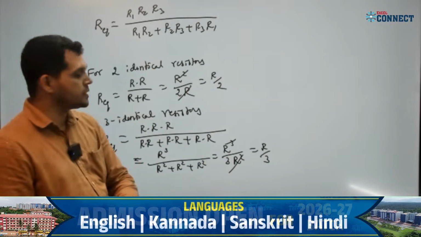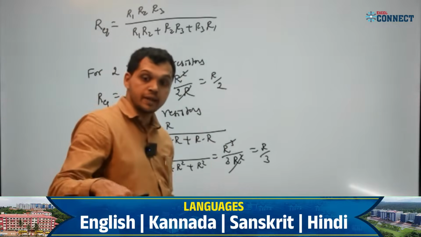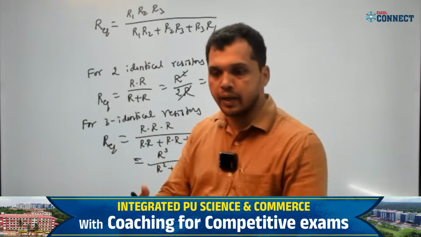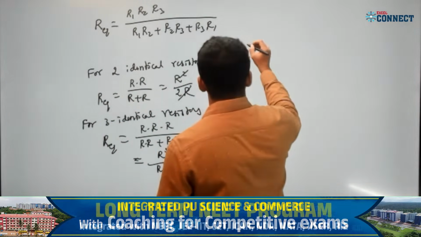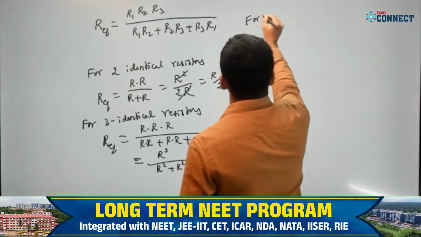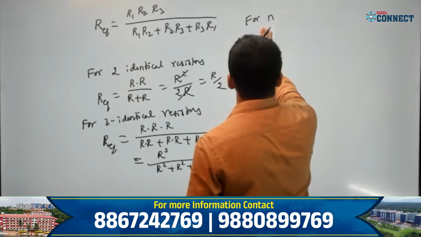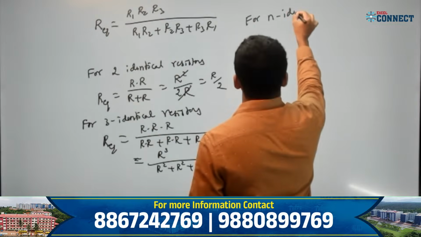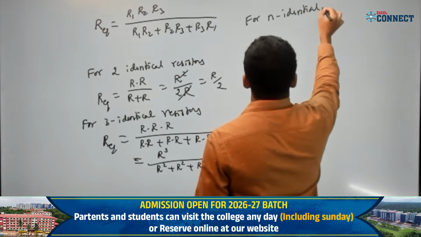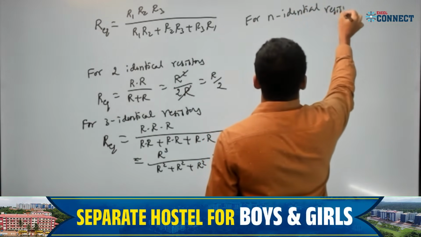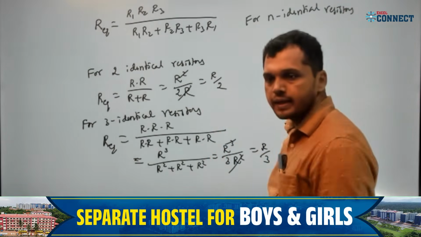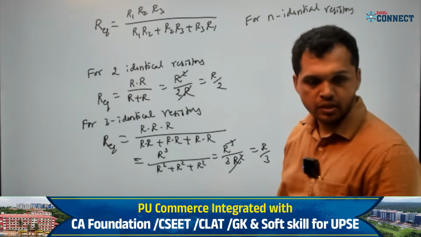2 identical resistors in parallel give R by 2. If there are n identical resistors in parallel, what do we get? For n identical resistors, how can I write?